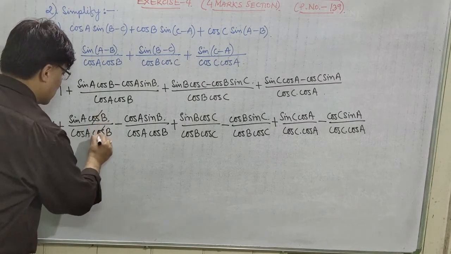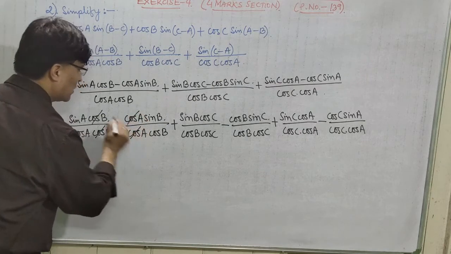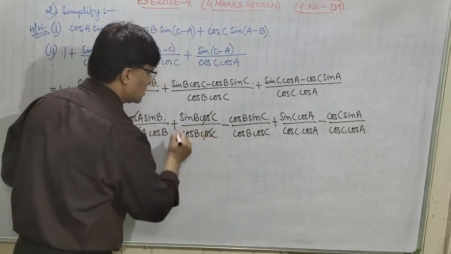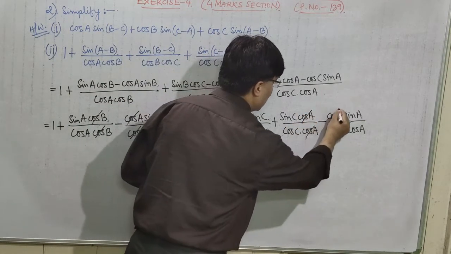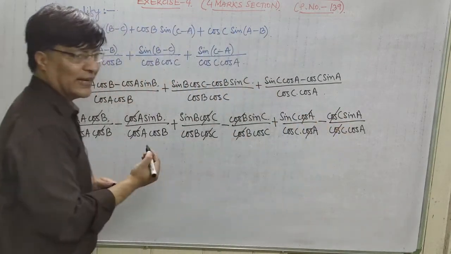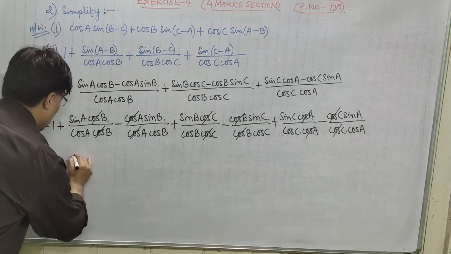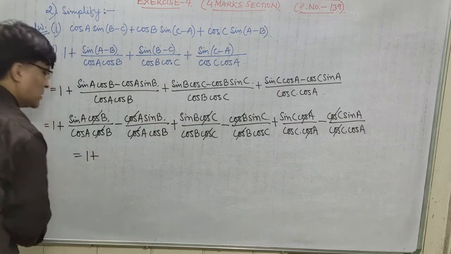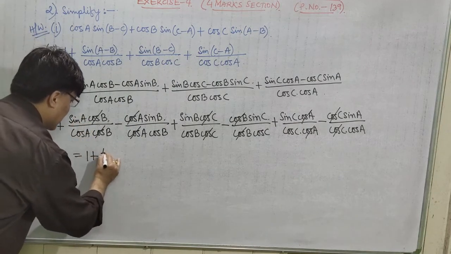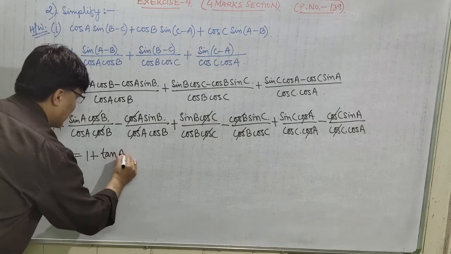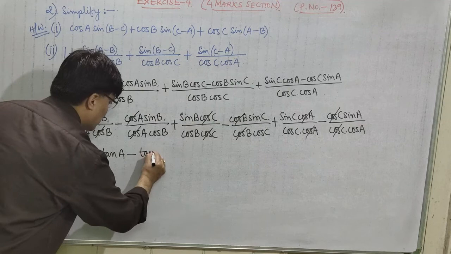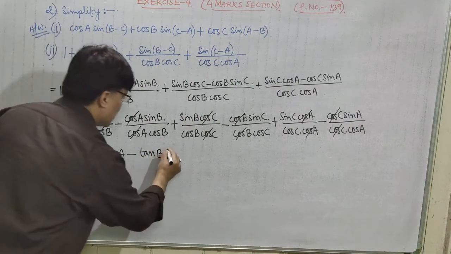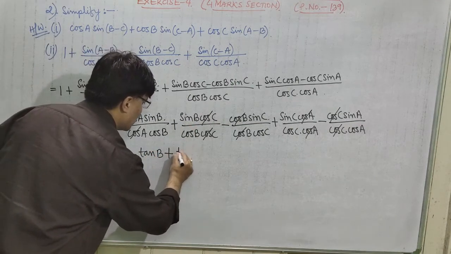Now we can cancel this, here cos b, here cos a, here cos c, here cos b, here cos a, and there you can cancel cos c, is equal to 1 plus, what is sine a by cos a? You know that this is tan a, minus what is sine b by cos b? You know that this is tan b, plus what is sine b by cos b?